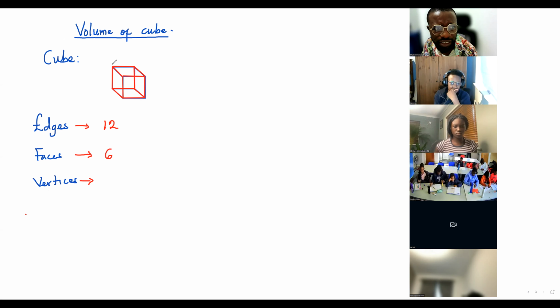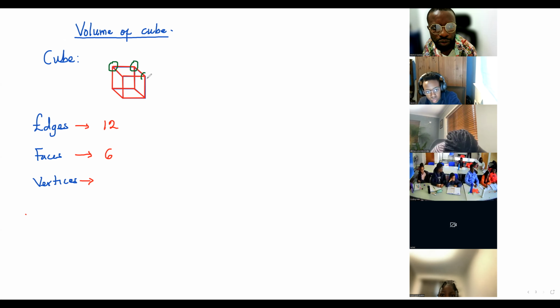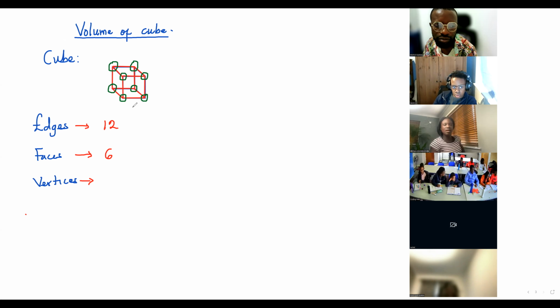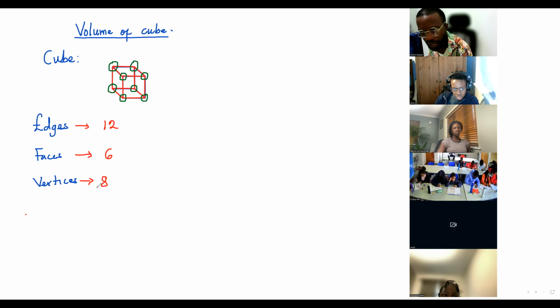So let's count. 1, 2, 3, 4, 5. And Gabriella is correct. It's got 8 vertices. All right.